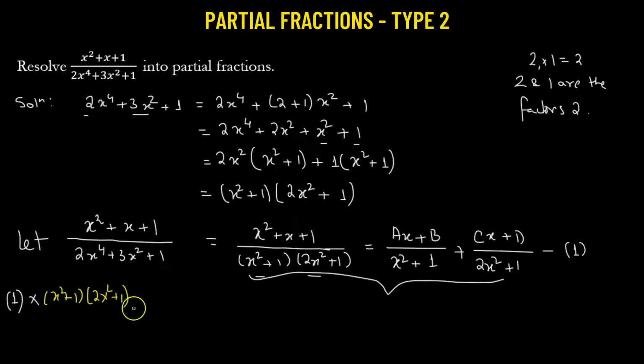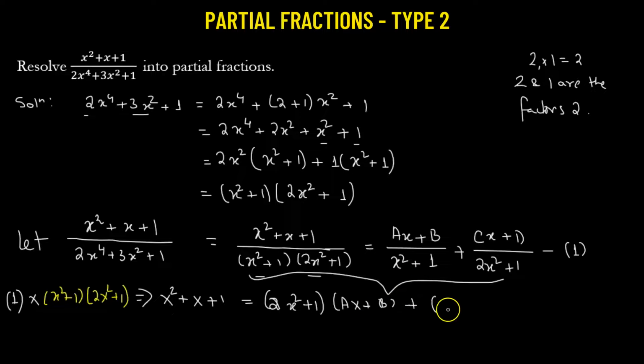So we now get x squared plus x plus 1 as the expression on the left hand side. On the right hand side, we have 2x squared plus 1 multiplied by ax plus b. Here x squared plus 1 gets factored out.